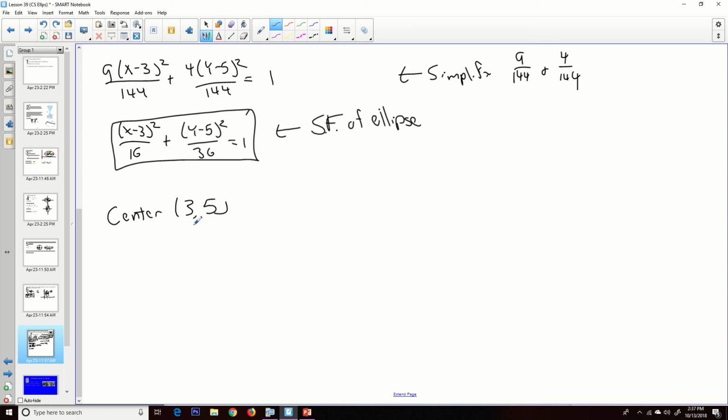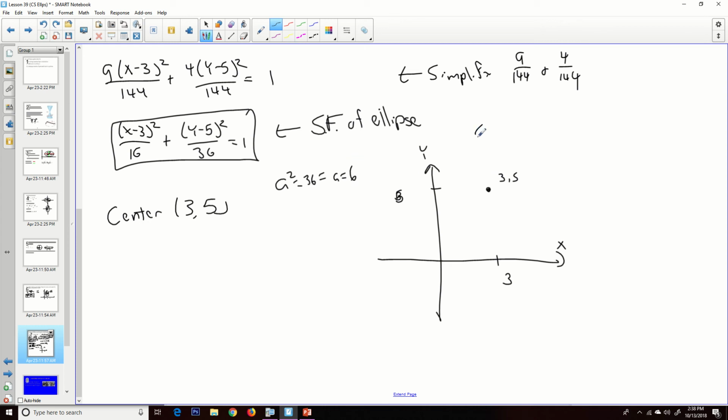And so since the 36 is under the y, the major axis is vertical. Center at 3, 5 on my x and my y axis, so I've got 5 there and 3 there. Because a squared is equal to 36, we can conclude that a is just 6.